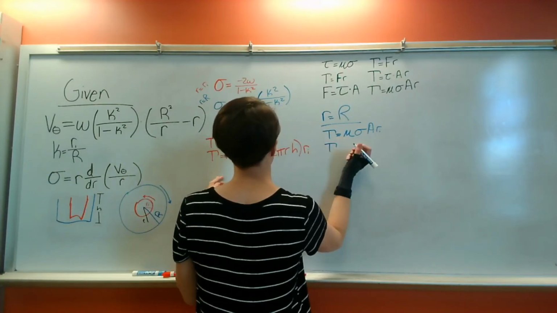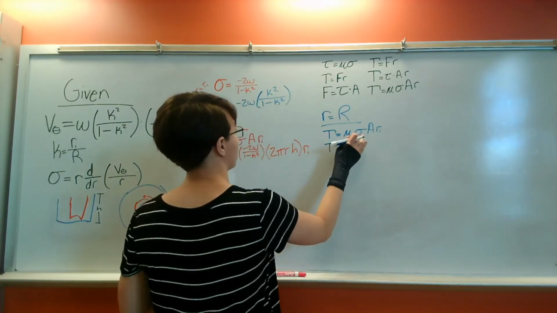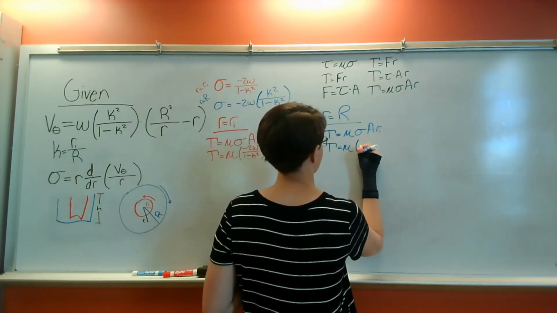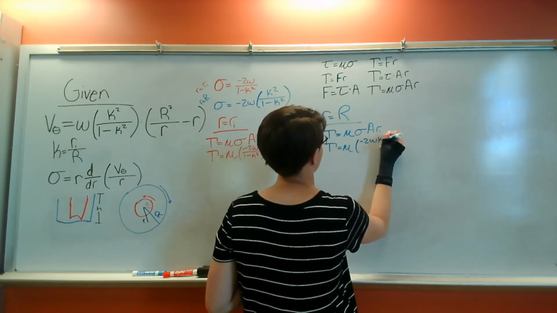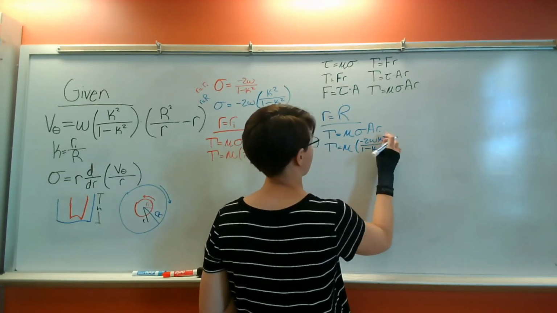Very similar: we plug in the viscosity and our shear rate equation, which is -2 omega k squared over 1 minus k squared.